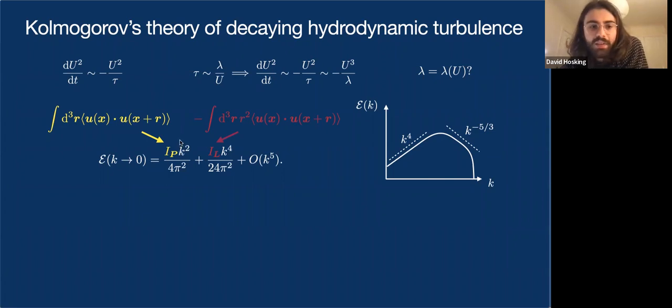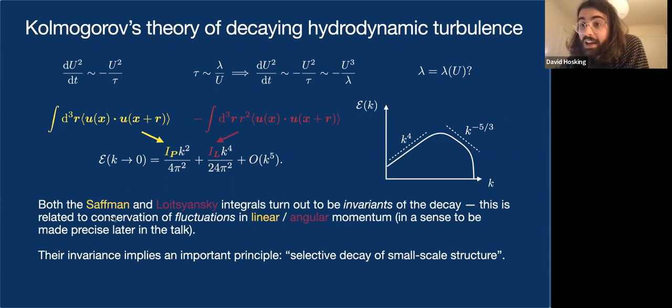And the something that sits in front of k squared is this integral here in yellow. That's called the Saffman integral. And the integral in front of the k to the 4, that's the Loitsyansky integral. And it turns out that both the Saffman and Loitsyansky integrals are invariants of the decay. They're conserved quantities.